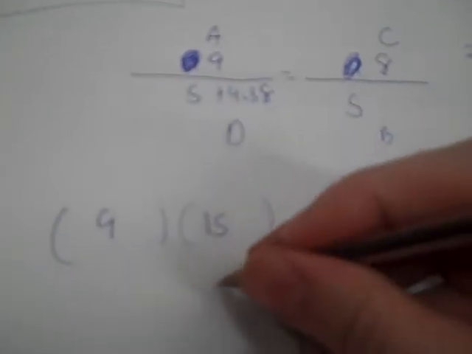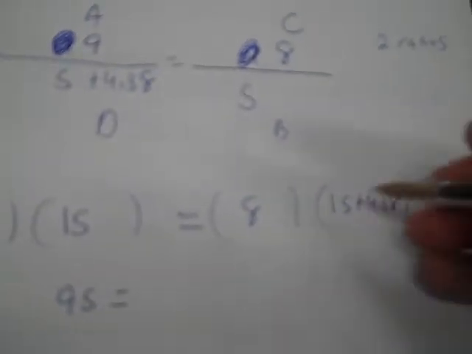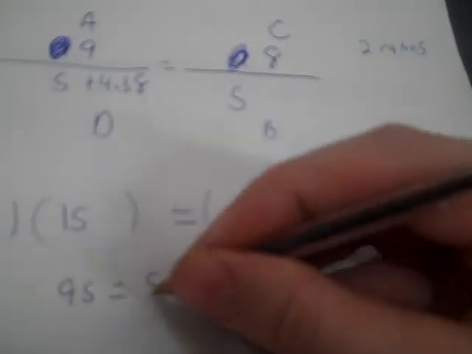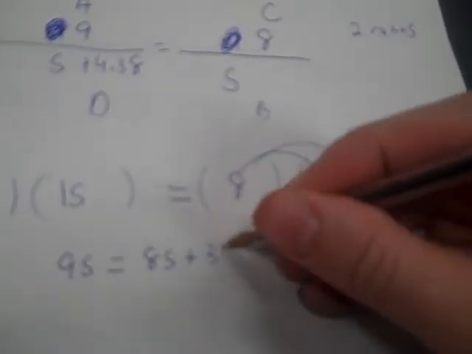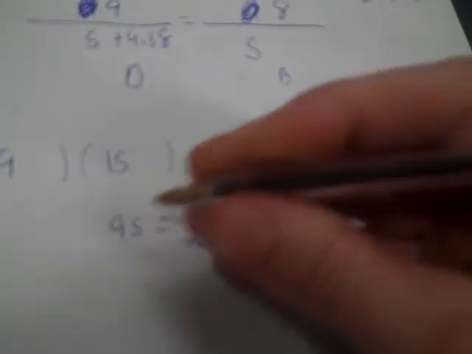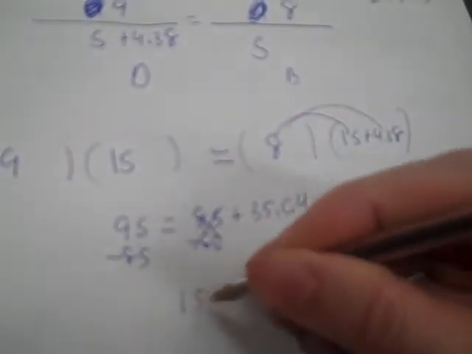Okay, so that's going to be 9S on that side. That's going to be 8S plus, take 8 times 4.38, and I get 35.04. Then I subtract the 8S. That's 1S.